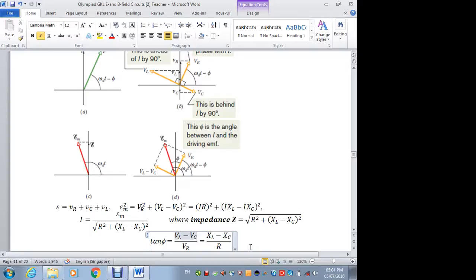That is the phase angle between the EM vector, that means the voltage of the source, because it's the rate phasor, and between the VR. VR is also the same angle with I, the current, remember. So it's very useful to solve for the phi.